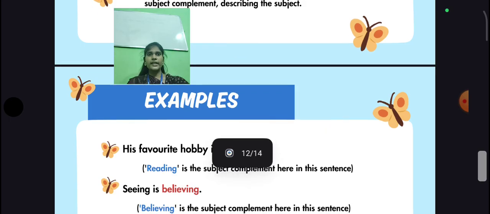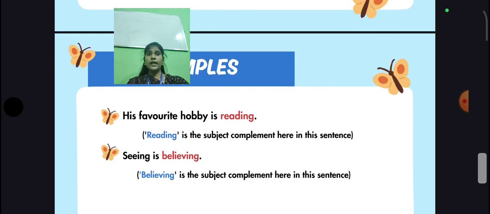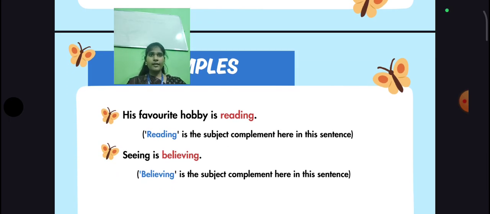Now the example, so that you have a clear idea: his favorite hobby is reading. Without reading, will the sentence be complete? No, right? His favorite hobby is what? Reading is the subject complement in this sentence.